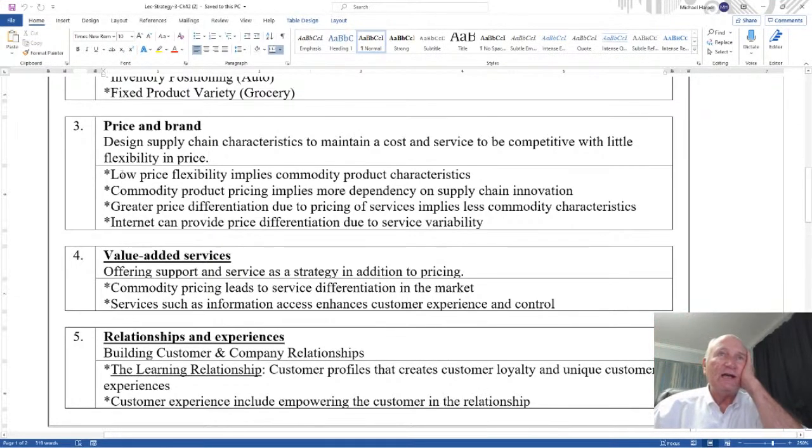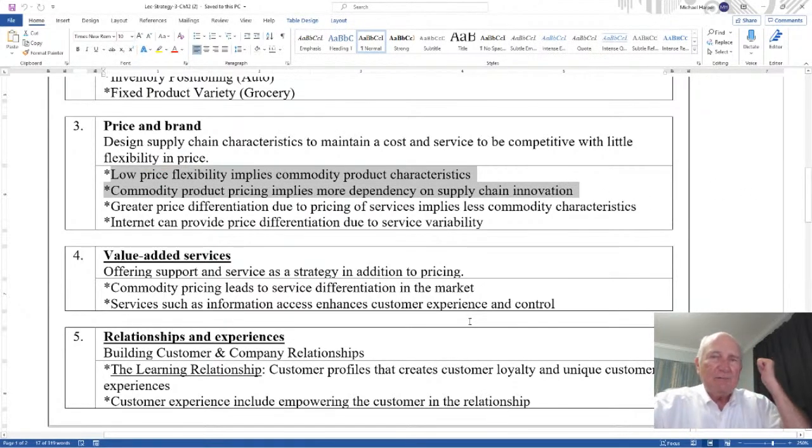So low price flexibility implies commodity product characteristics, commodity product pricing. So these two here refer to commodities. Now commodities are usually upstream, commodities are basic goods, and commodities are fungible items, where a characteristic of a commodity is that the source doesn't matter.